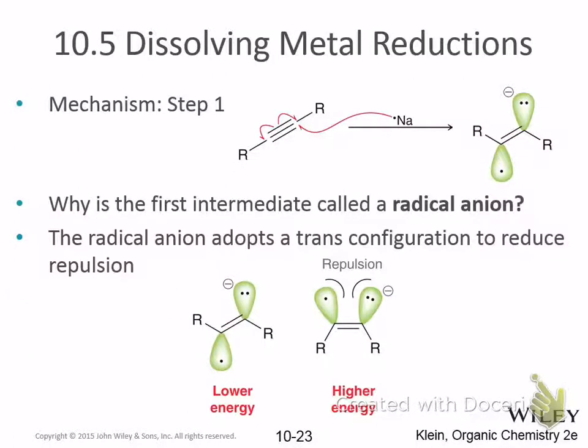All right. So that's the first step in the mechanism, and you'll notice what happens. You have these 2 electron clouds, right? And if the pi bond breaks and the R groups are in the cis configuration, you have these two electron clouds that repel each other. Now, this is still a pi bond, right?